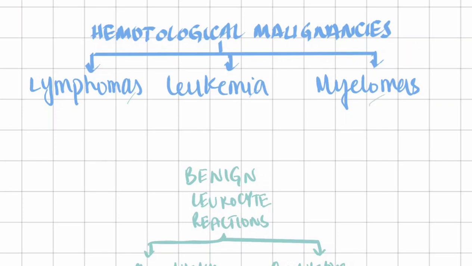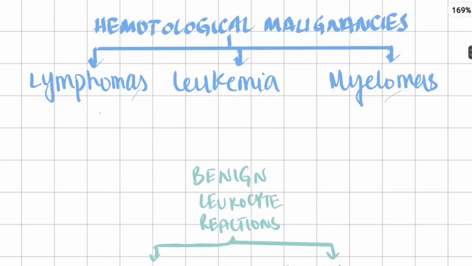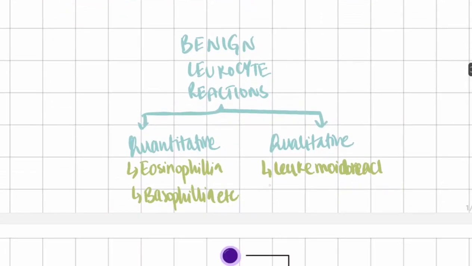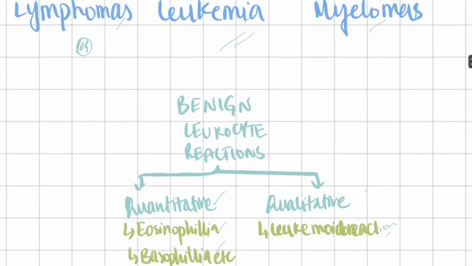In lymphomas, we have a solid mass, while leukemia is liquid, like blood, and there is no mass. And of course, myelomas. Then we have benign leukocytic reactions, qualitative and quantitative. Quantitative is such as eosinophilia, basophilia, neutrophilia, etc. And then qualitative, we have the leukemoid reaction, etc.